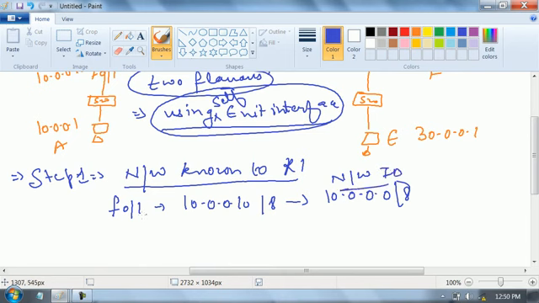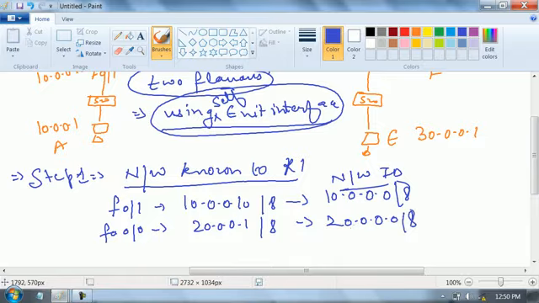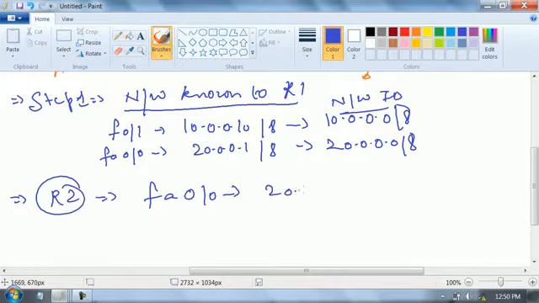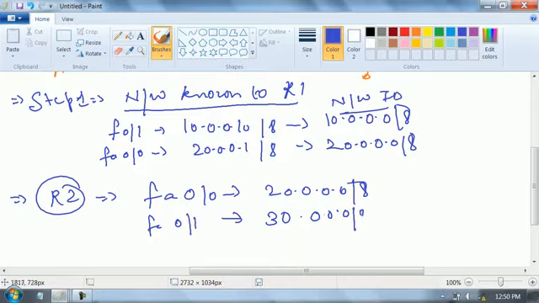To FA0/0. These networks are already known to R1. Agree or not? Step 2. Networks already known to, what will be those networks? Any issue?